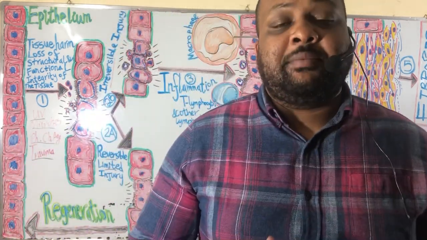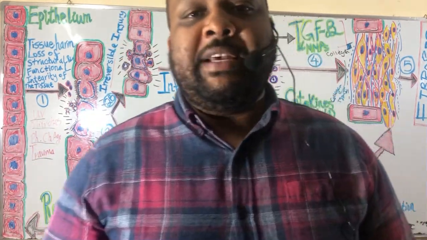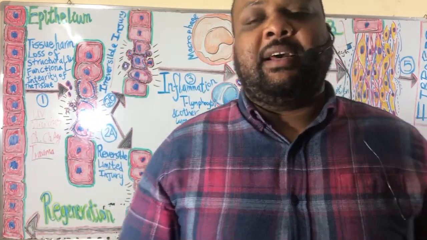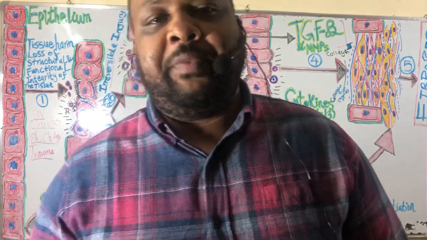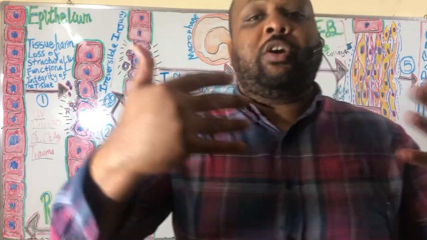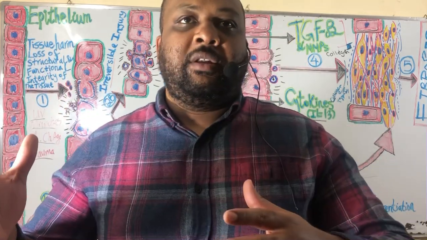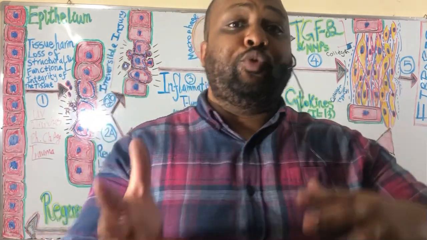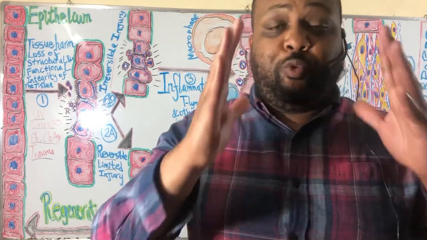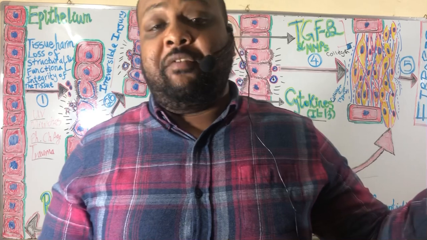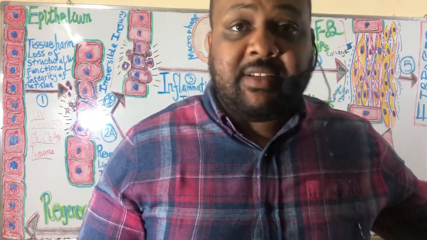So we must make sure that our wound is clean and there are no agents that cause a microbial infection, because that would retard the flow of the processes that lead to first inflammation, and then we would move on to repair. But if we stay in inflammation for so long, then it would take a very long time for us to move on to the next phase.